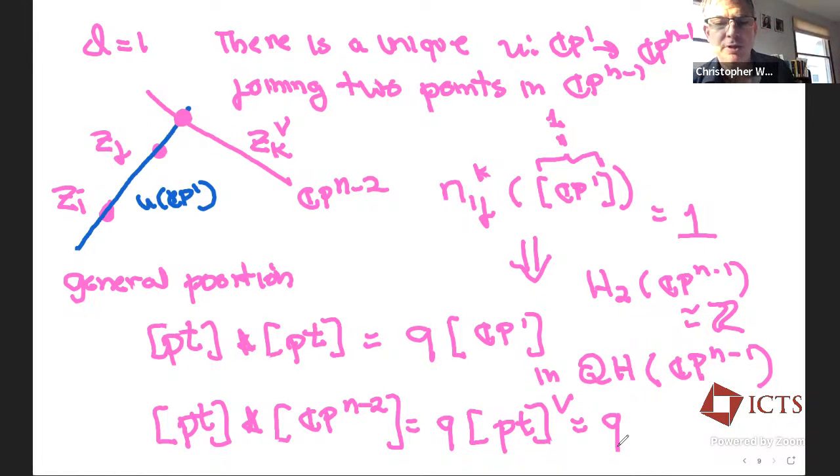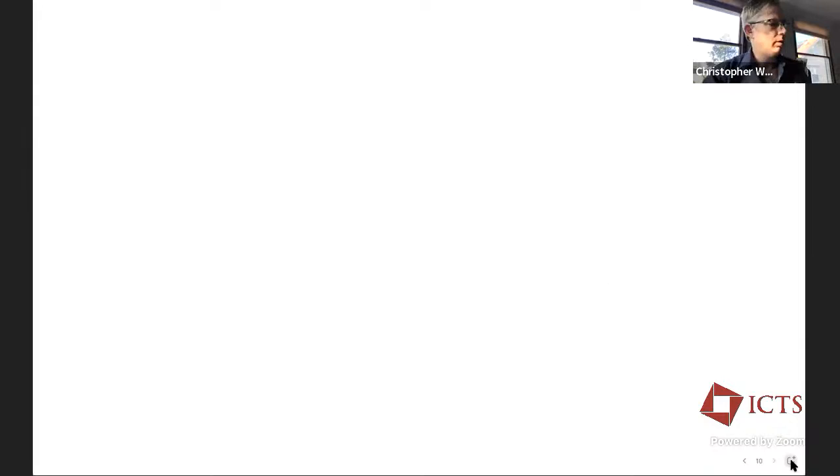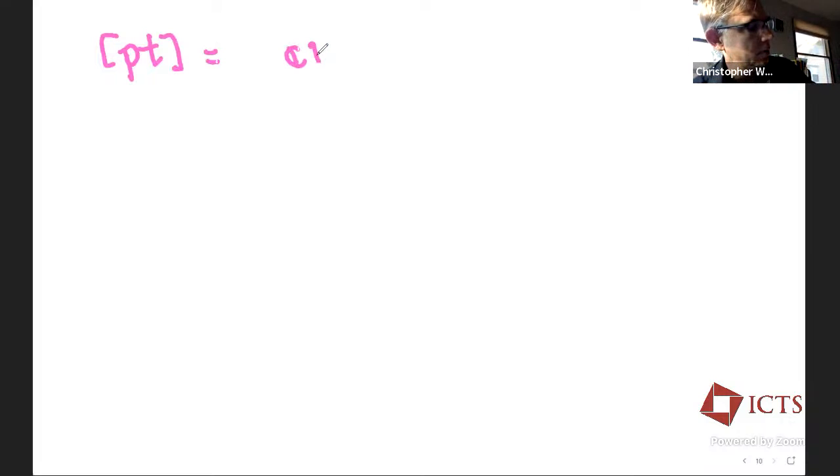So usually I would just write this as Q. Now, the point, I can also think of as the CPN minus 2 to the n minus first power.